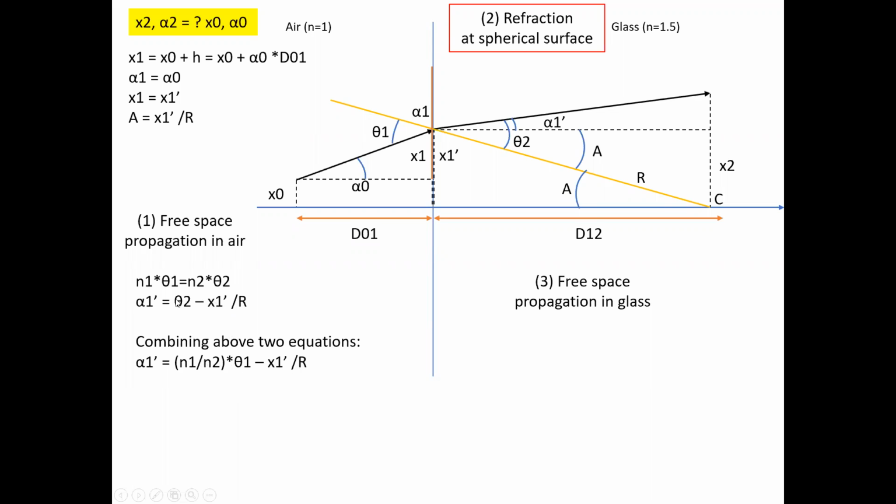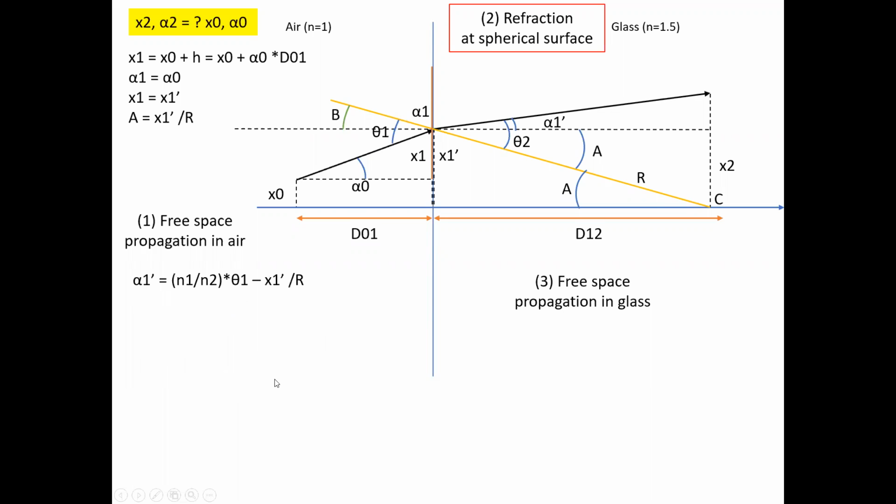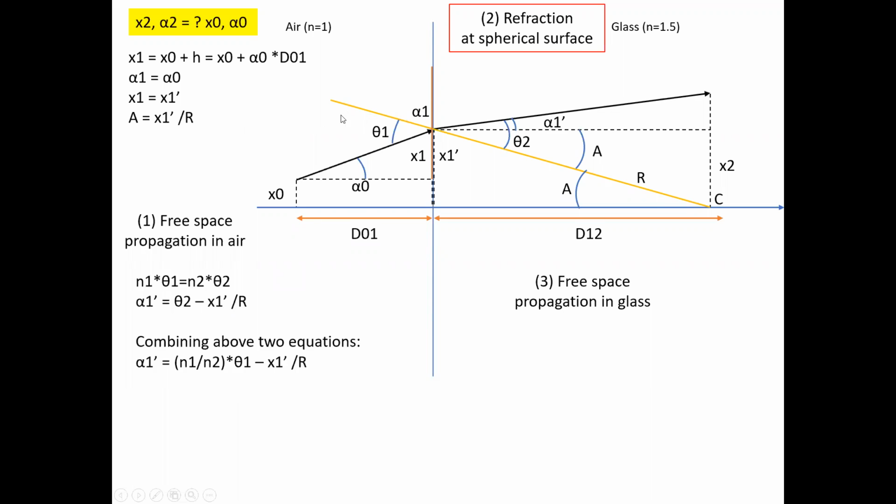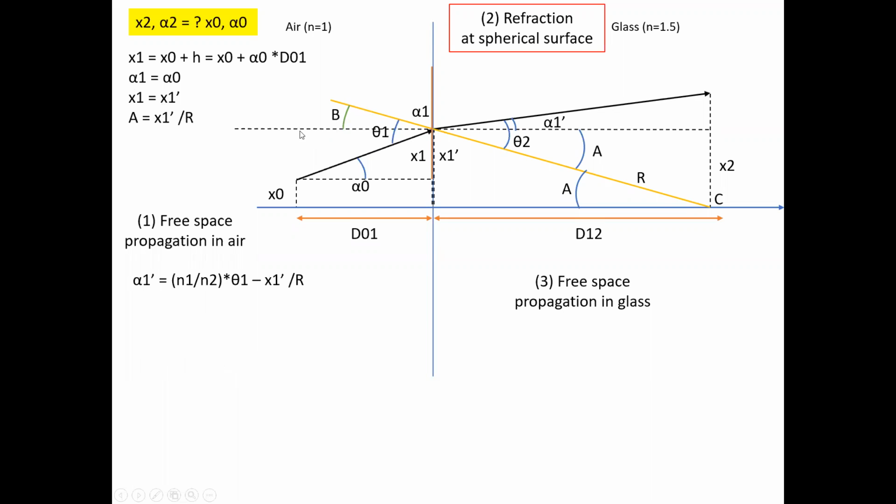We are almost there. So we just need to replace θ1 with some angles which are alpha, and we should be good to go. So how do we do that? So now look in this place where I'm pointing with the cursor. And basically I've saved the arc length equation over here where I'm saving my equations for later use. So over here, I extend this parallel line to the optical axis toward the left.